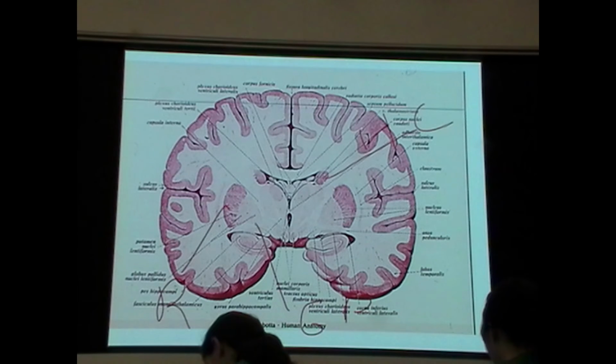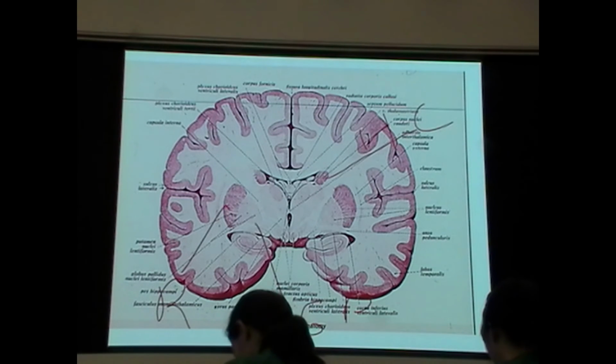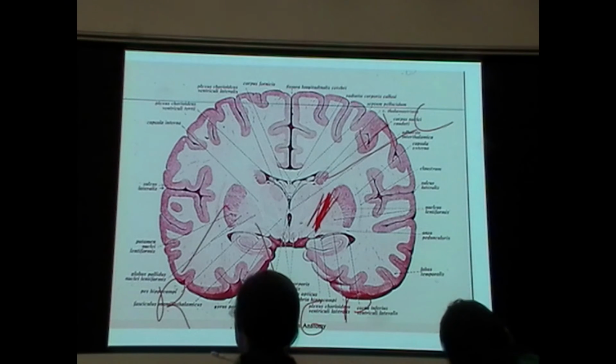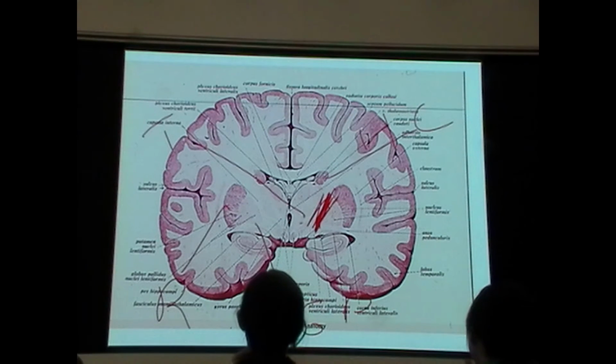And then this area in here between this structure here, which is the thalamus, and the basal nuclei globus pallidus, that's the internal capsule.